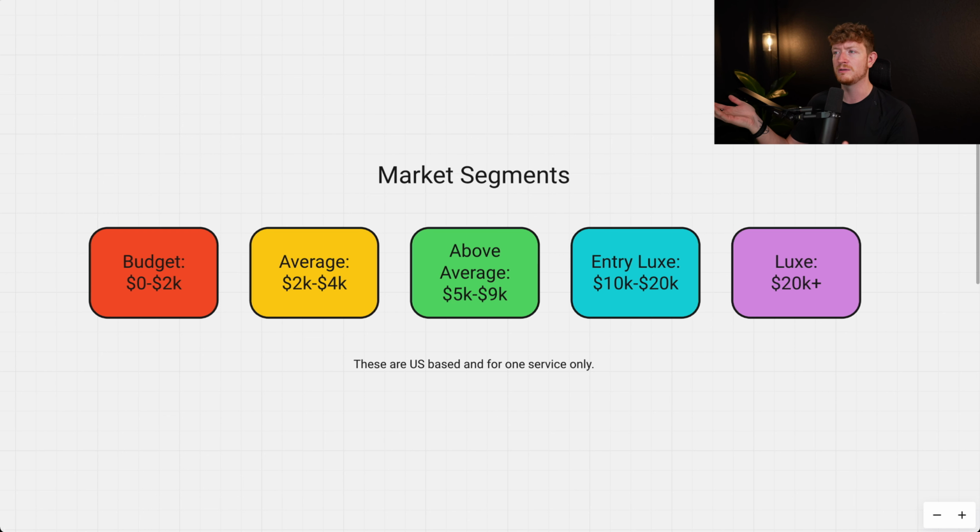That's just a weird thing that I've seen, and it's not just my opinion. I've seen this over and over again. So videographers in general underprice themselves a little bit, but the market demand is there for videography. If people think that's not true, I don't know what to tell you, because you're just looking at data and saying, I don't believe that. Anyway, this goes for both photography and videography, but for one service only in the United States.